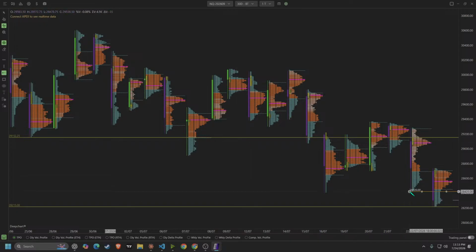We broke the previous low and made a new low. Okay, so new daily low. So if we look at this, we made a lower low, a lower low, a lower low. So that's 3 days straight.